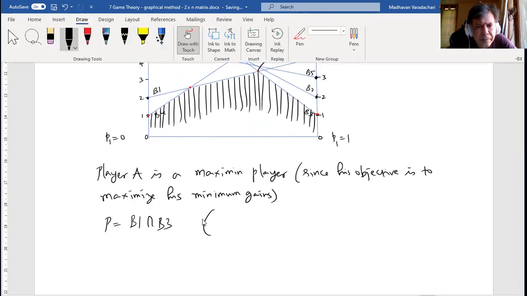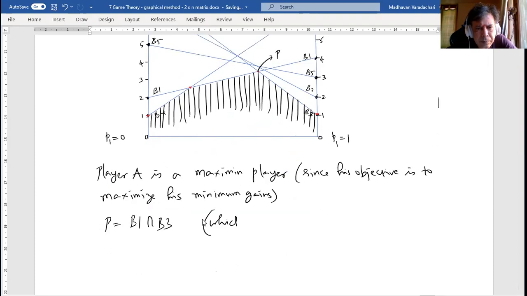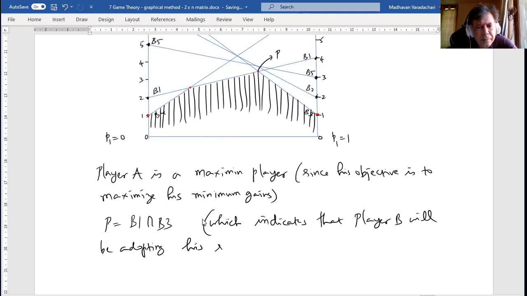This indicates that player B will be adopting his strategies 1 and 3, because it is B1 and B3, 1 and 3 only, and ignore his other strategies.